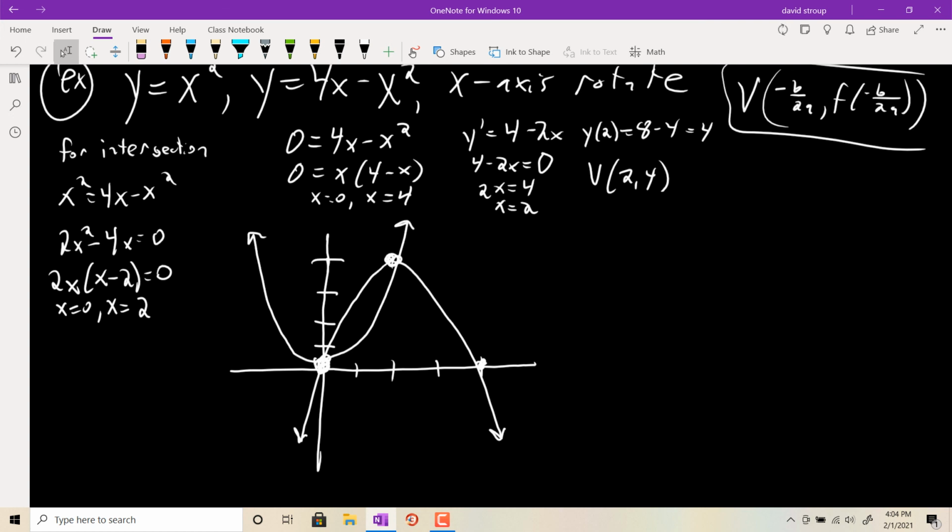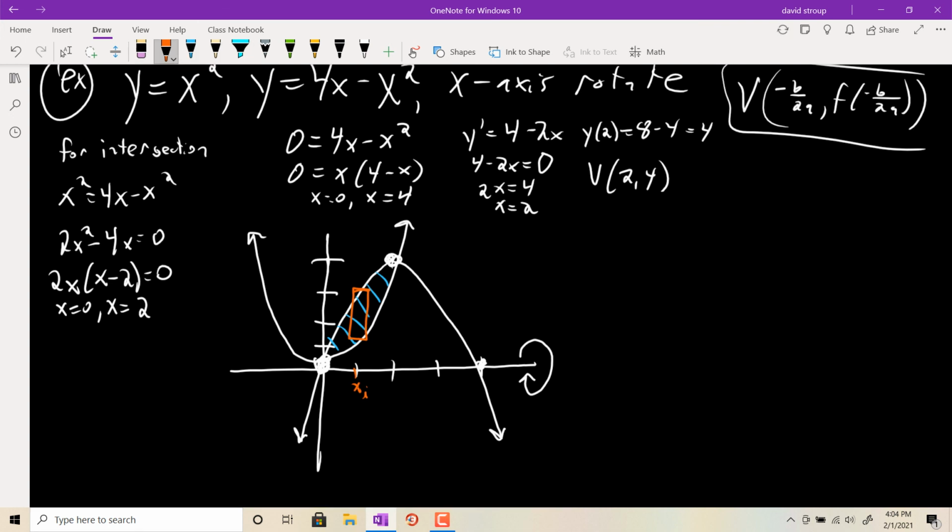Right, so the region that we're worried about is this blue region here, and we are rotating it about the x-axis. Okay? So let's get our rectangles. Remember, the rectangles are always perpendicular to the axis of rotation. So there's our rectangle for our particular x sub i.